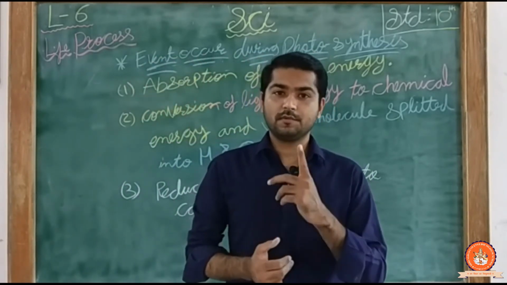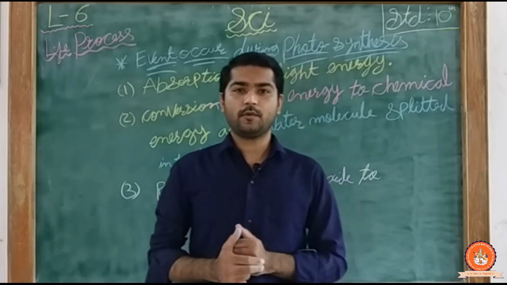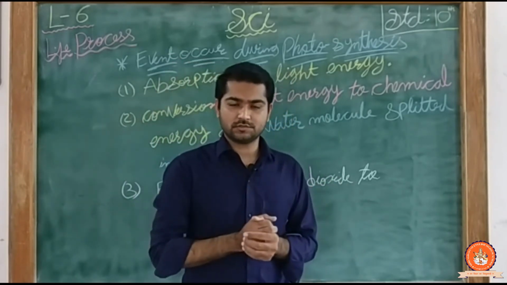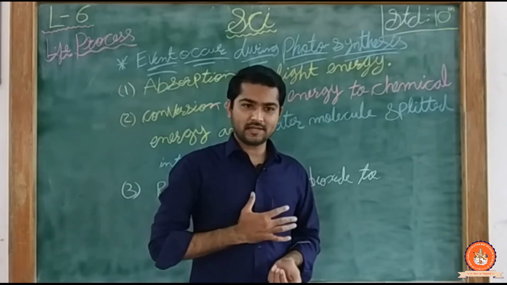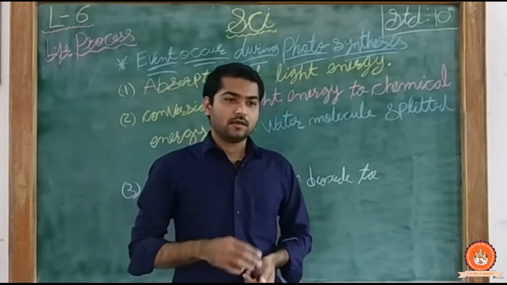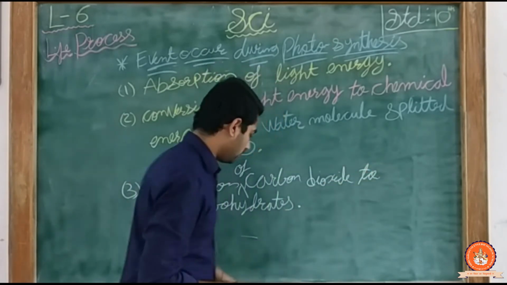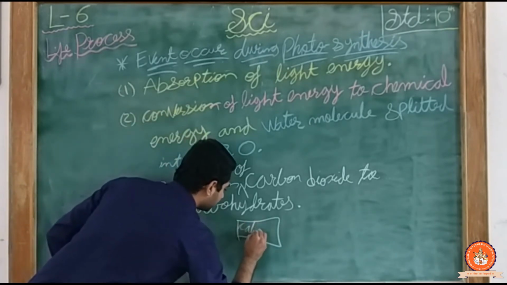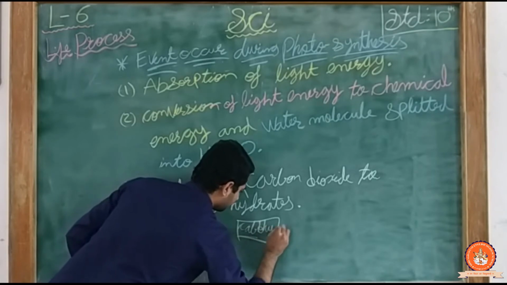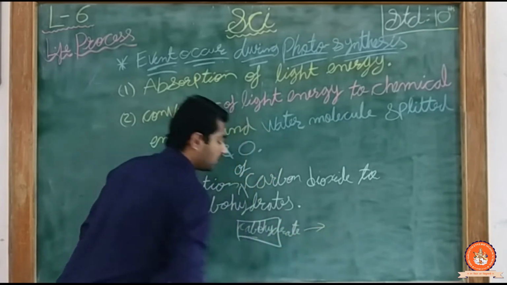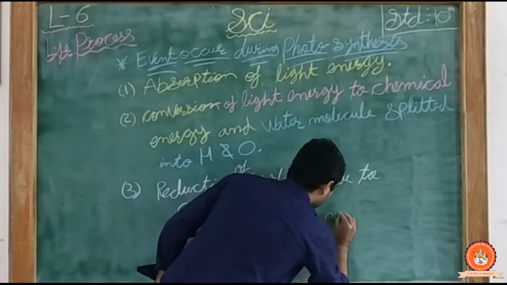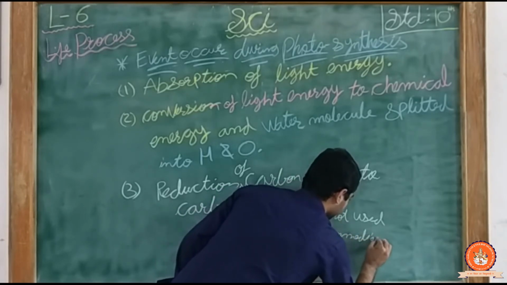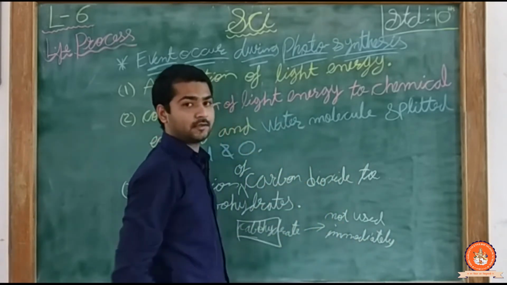Let's consider it. But before starting, I have to clear one point: when the plant gets energy from an outside source and produces food, the energy it produces in the form of carbohydrate, or glucose, is not used immediately.